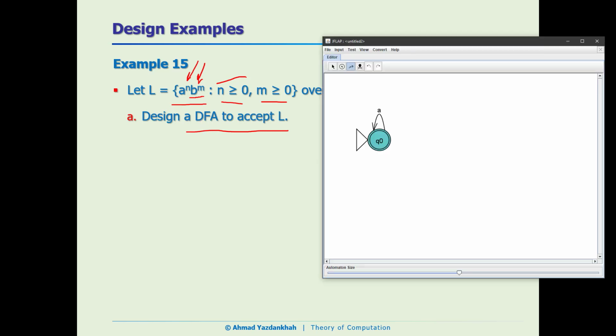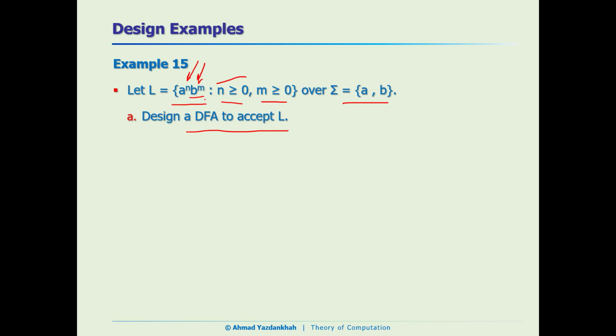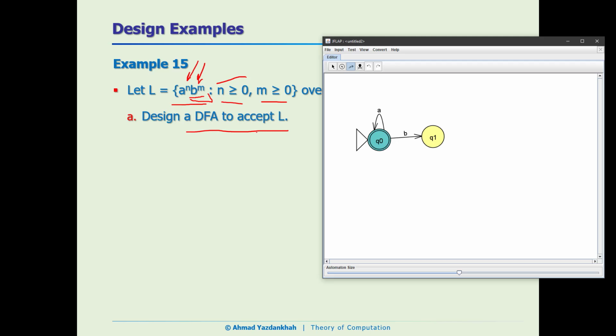Then we need to create another state here, and we need to move the flow to the Q1. You see here, any number of B's should be accepted. In this way, we put a loop here, and any number of B's will be accepted here. So I need to make this a final state as well.